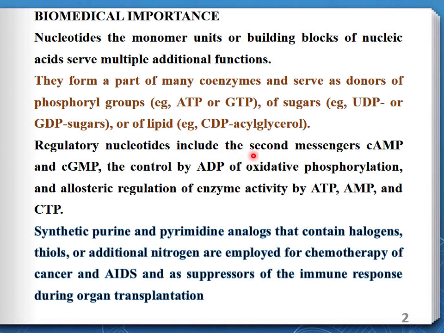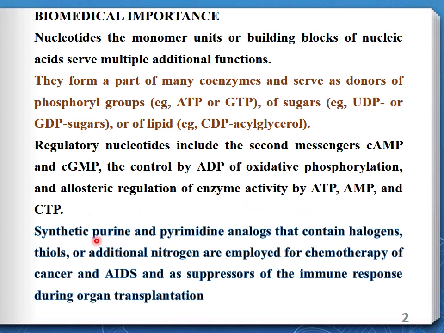Also, we have nucleotides called cyclic AMP, which works as a second messenger, and cyclic GMP. It's controlled by ADP in the oxidative phosphorylation process, and it has allosteric enzyme regulation activity.